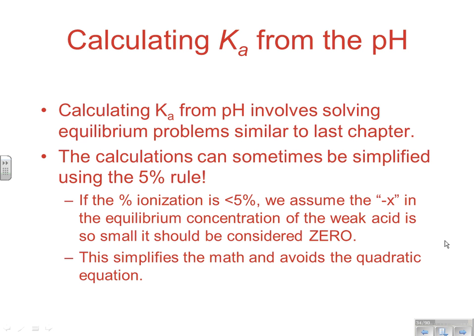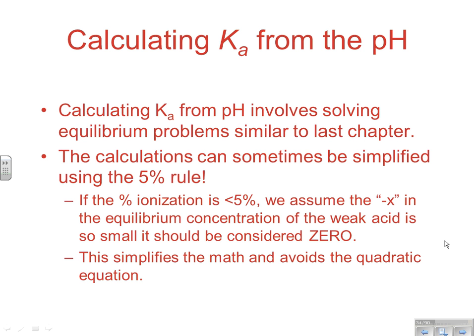Now, one thing to keep in mind when we're setting up these ICE boxes, you're quite often going to end up with, on the reactant side, a -x situation, so some value minus x. Well, that pretty much throws us into the quadratic for most of the problems. So a lot of acid-base chemistry is really quadratic chemistry.